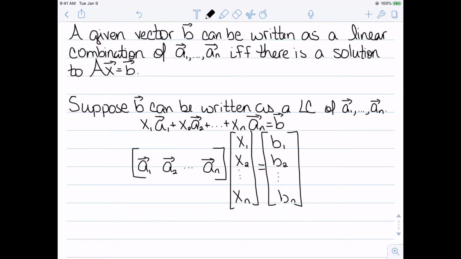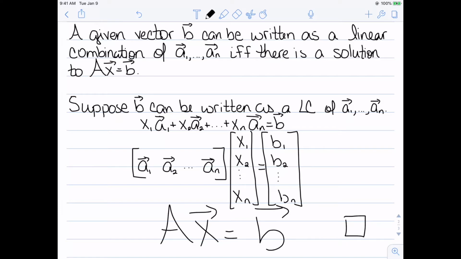Well, I can rewrite this as a multiplication. So I have all of my a's times all the x's is equal to b. And this is equivalent to Ax equal to b. And since we know the vector x exists, since this is a linear combination, that means this is guaranteed to have a solution. So that's the first half of the proof.